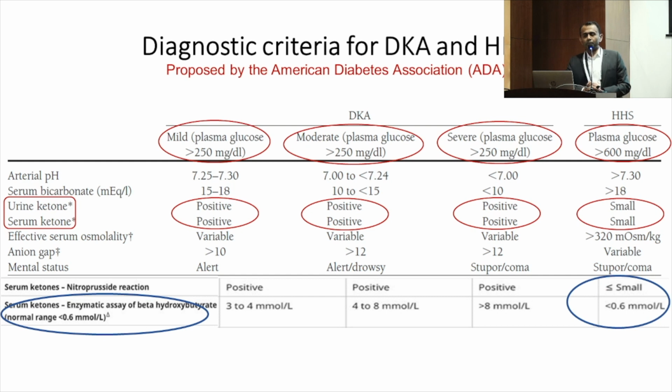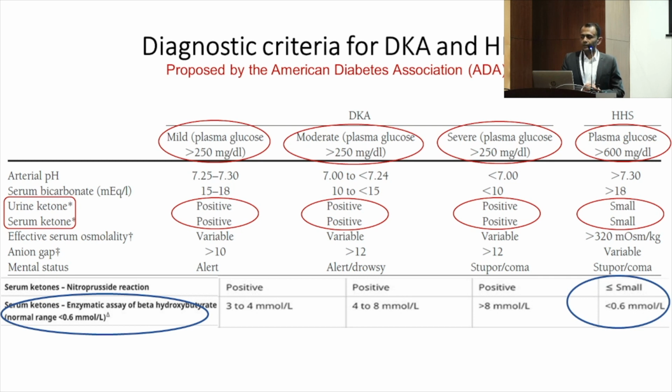The American Diabetes Association divides DKA into 3 different severities: mild, moderate, and severe. In almost all, the sugar levels should be more than 250 milligram per deciliter. What differs is the pH, the bicarbonate, and the anion gap among the DKA categories.